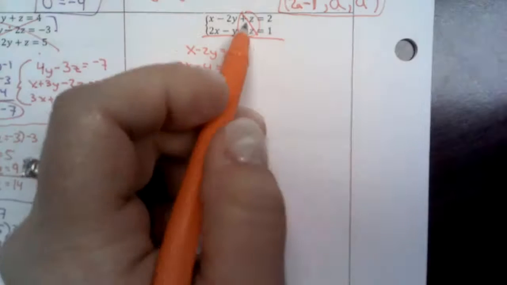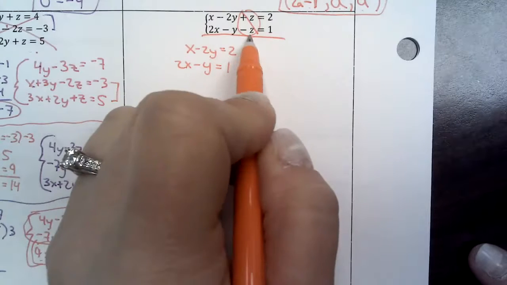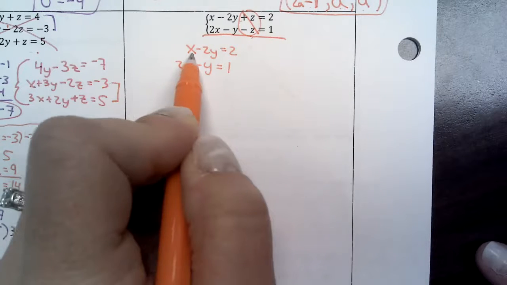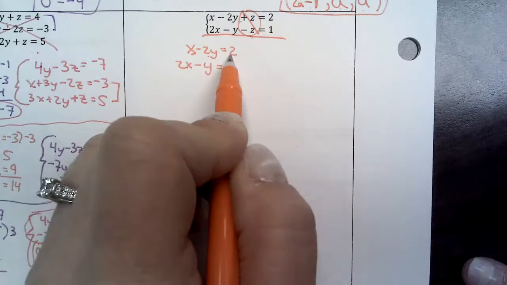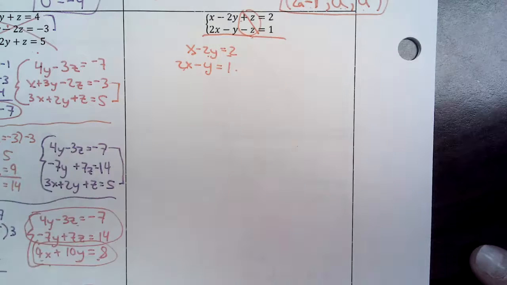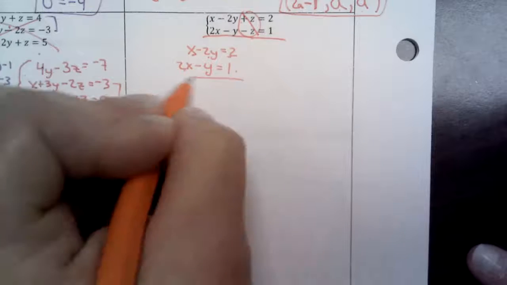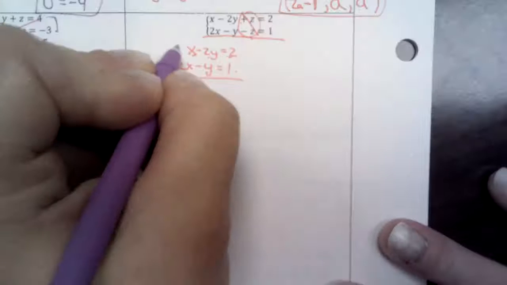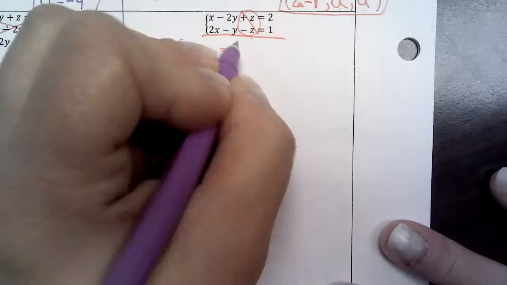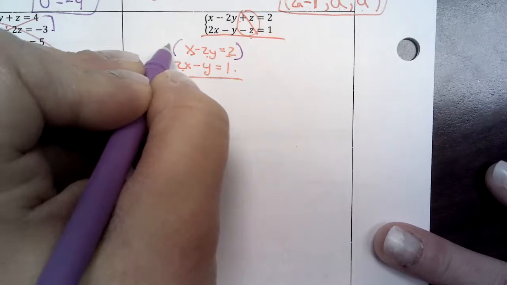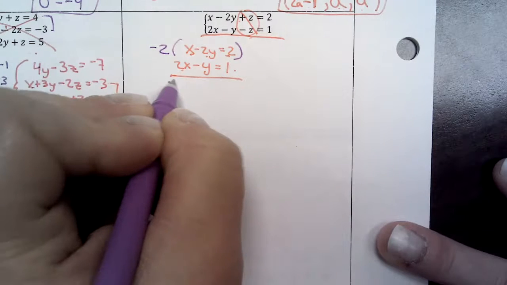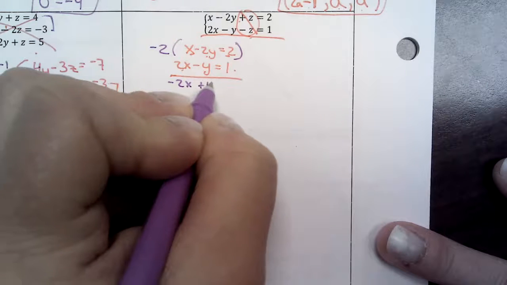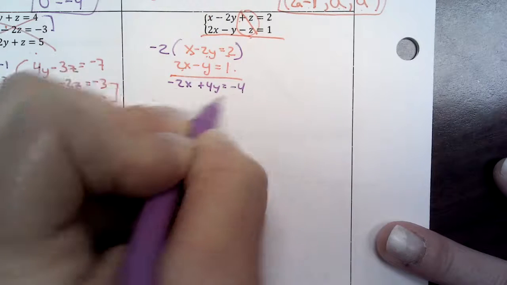But I didn't actually have to add them. I was able to just cancel out the z's and keep this the same. So x minus 2y equals 2 and 2x minus y equals 1. Now I can combine these two and figure out one of my answers, my x or my y. I'm going to multiply this times -2. So we get -2x plus 4y equals -4.